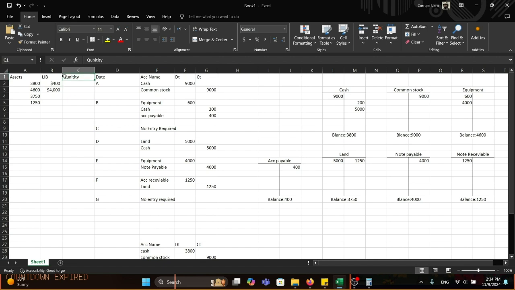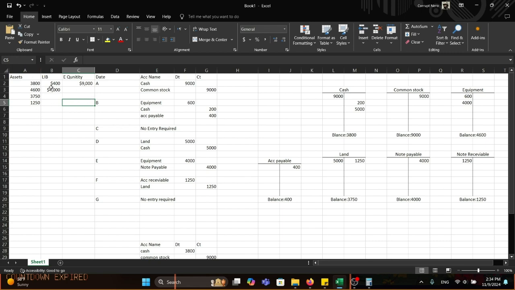Then owner's equity, by the way, you can write EQ as a shortcut. And equity is like common stock. That's all you have. So 9,000 because you exchanged that. This is all for the steps. That's all you have to do. After that, it's done.